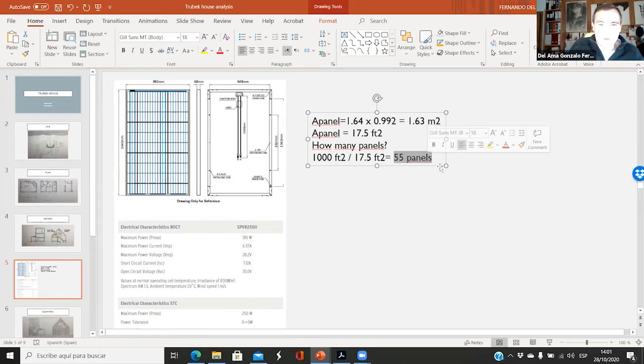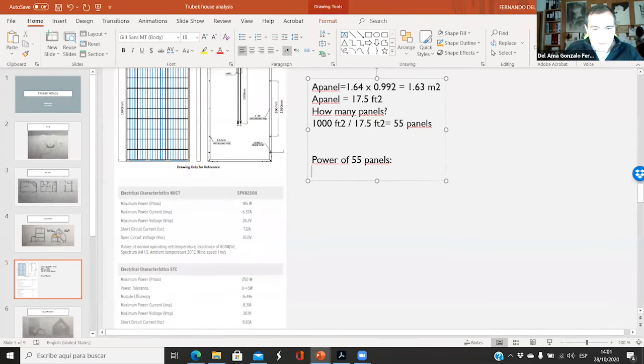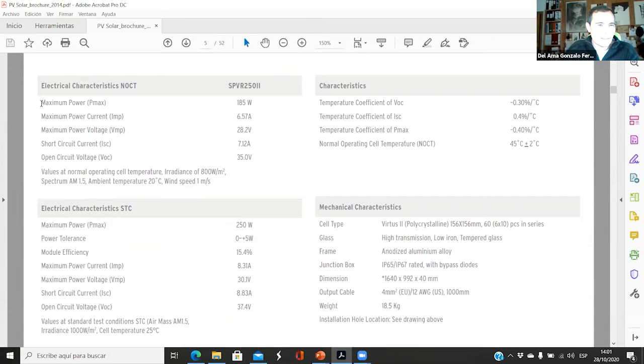Now, what is the power of the PV array? Power of 55 panels. So we need to know the power of one panel, and this is what we have here. If you look at this brochure, this is the maximum power, 185.